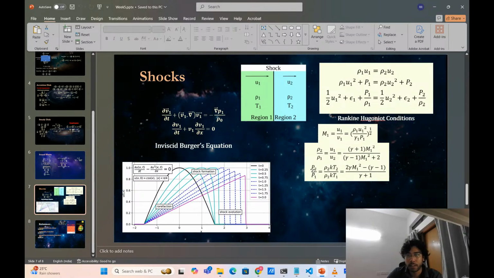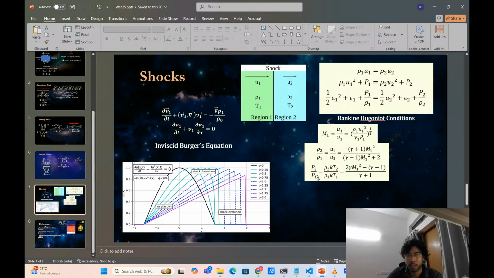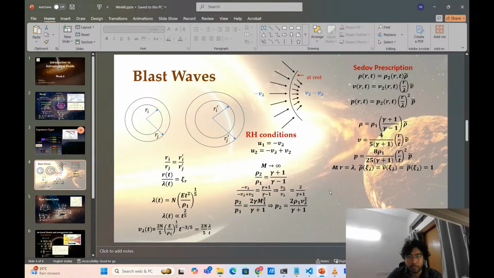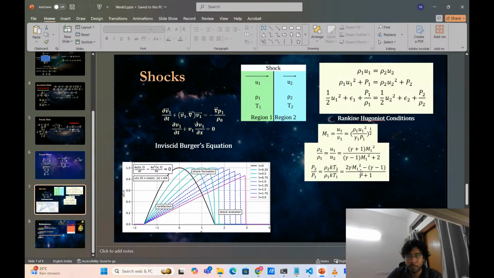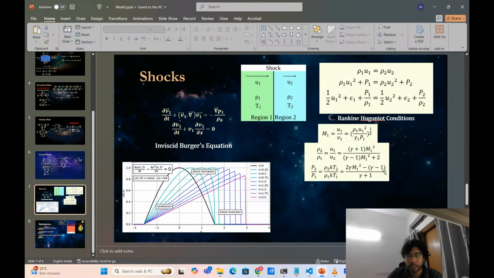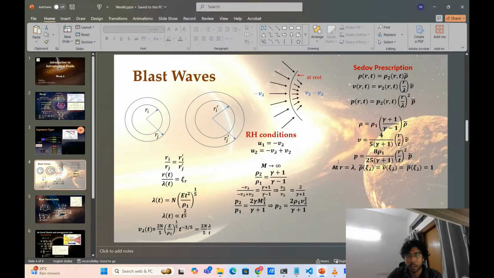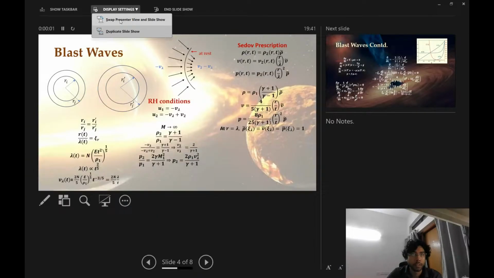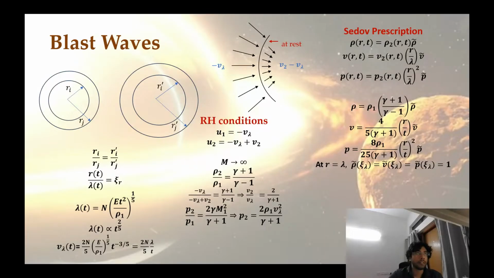Similarly, we can get the expression for P2 by P1, right? So P2 by P1 will be 2 gamma M1 square by gamma plus 1. We can neglect this term because this M1 is very high, right? So rho 2 by rho 1 is gamma plus 1 divided by gamma minus 1 as M tends to infinity.